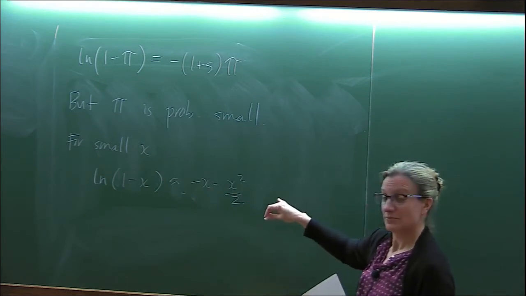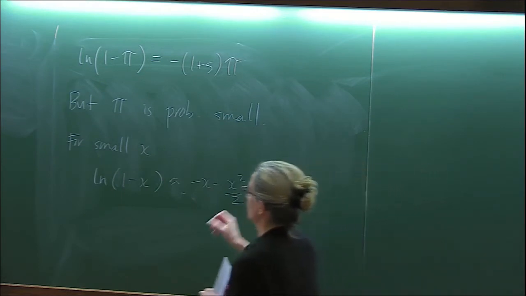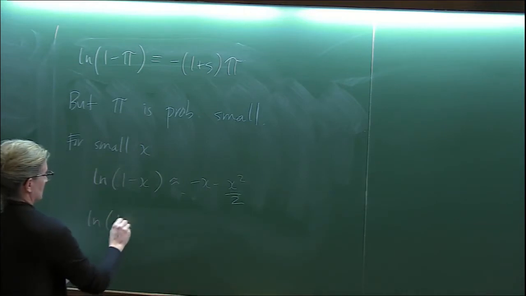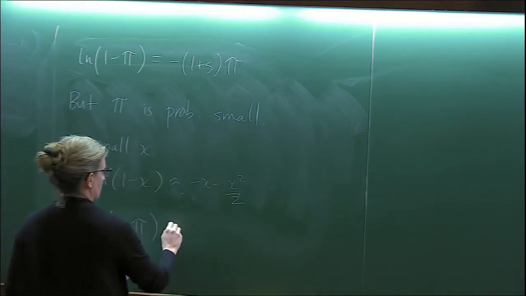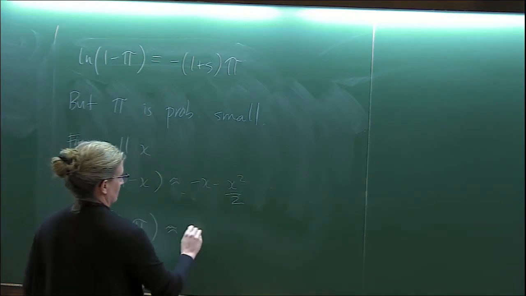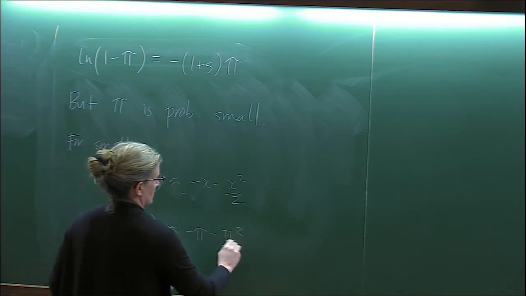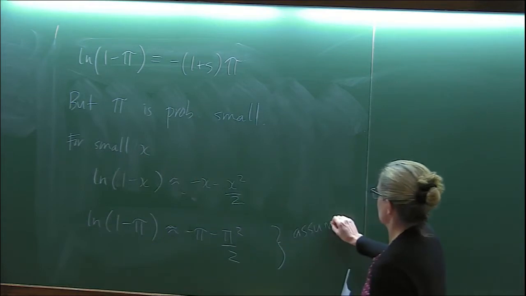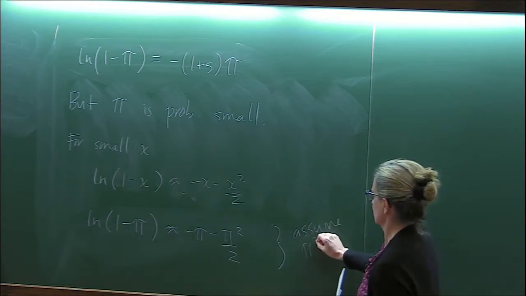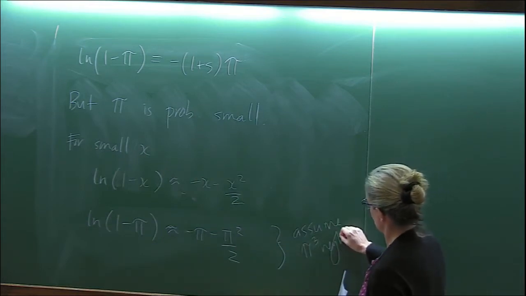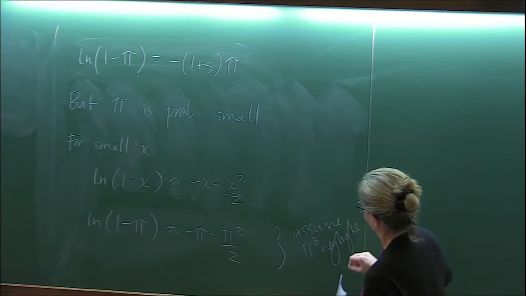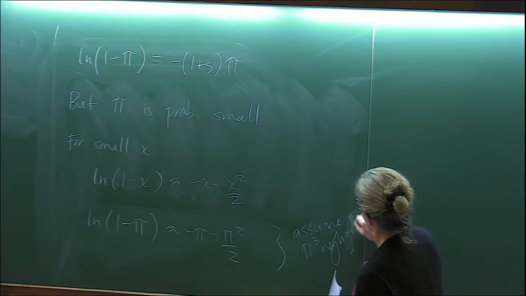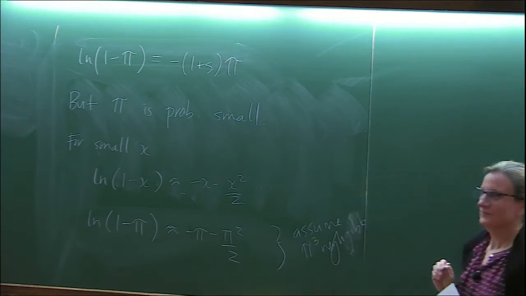So where we make the approximation here is we say ln of 1 minus pi is approximately negative pi minus pi squared over 2. So what we actually assume is that pi cubed is negligible. That says negligible. Negligible. Yep.